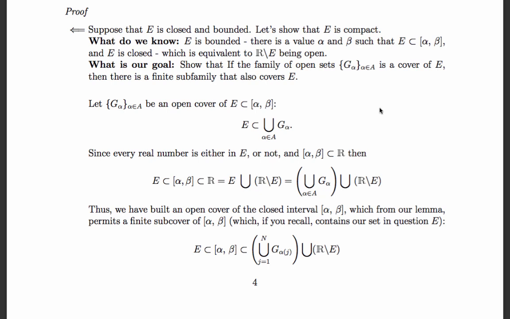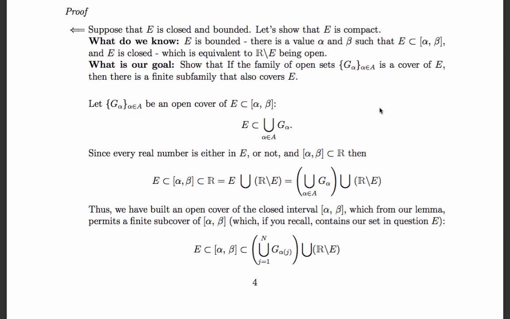All right, what's our goal? Our goal is to show that if the family of open sets G alpha is a cover of E, then there is, in fact, there must be a finite subfamily that also covers E. Okay, well, let's get right toward our goal.